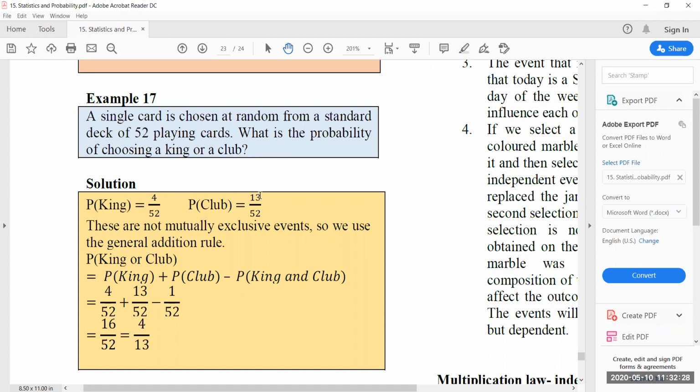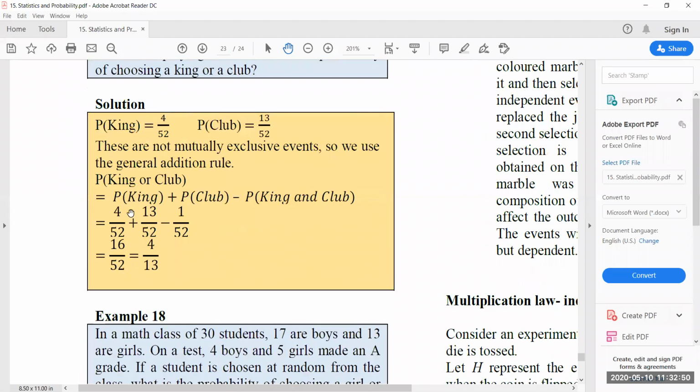There will be 13 clubs out of the 52 cards. So it's the probability of choosing a king, which is 4 out of 52, plus the probability of choosing a club, which is 13 out of 52, minus the probability of choosing a king and a club, which is 1 out of the 52. Okay? So this will give us 16 out of 52, which is basically 4 out of 13.